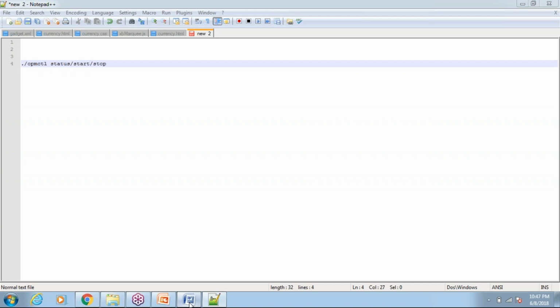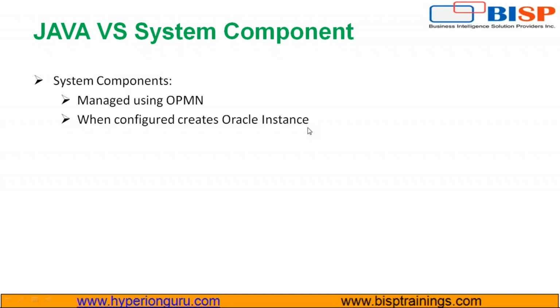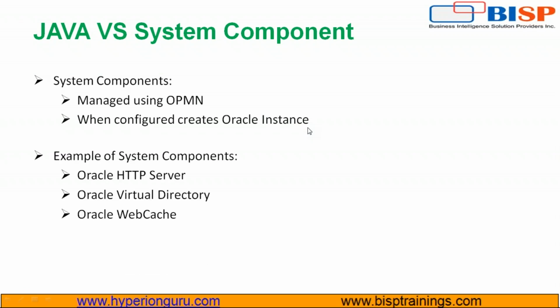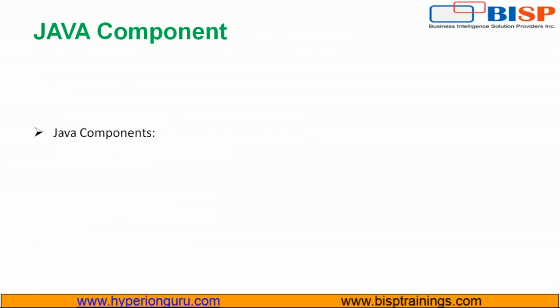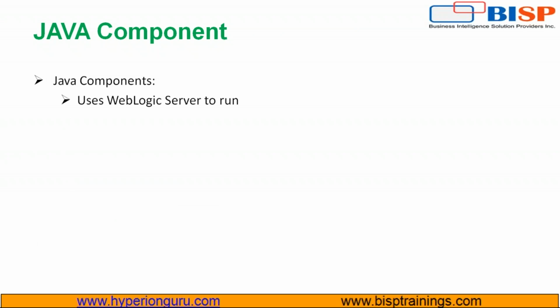So when you install it, you will get this OPMN, and an Oracle instance will be created as part of that. Examples for them are HTTP Server, your Web Cache, or Virtual Directory. If you install any one of these, you will be seeing it. OBIEE also you would be seeing, but in 12c you won't because that's been deprecated, and now you have scripts for everything. You use your start scripts, and it starts all the infrastructure in 12c.